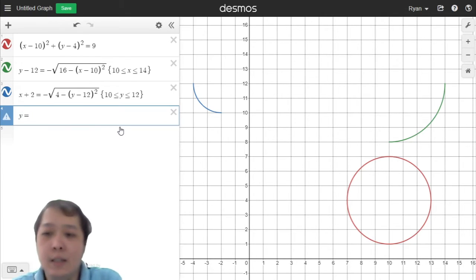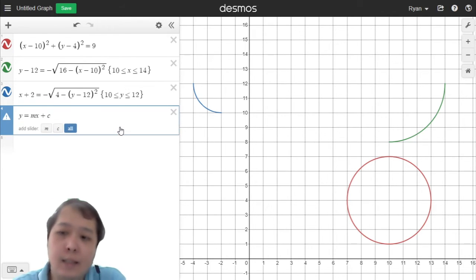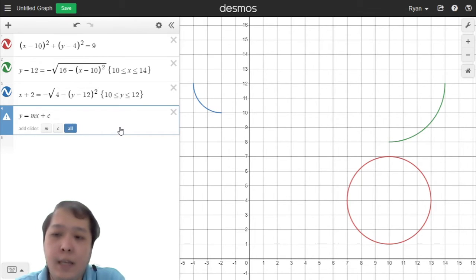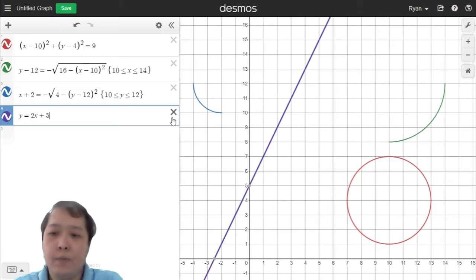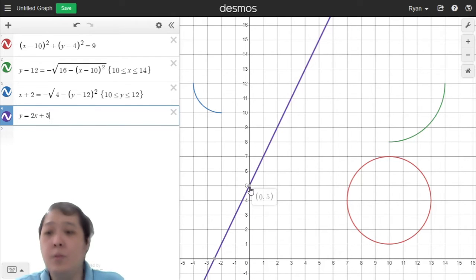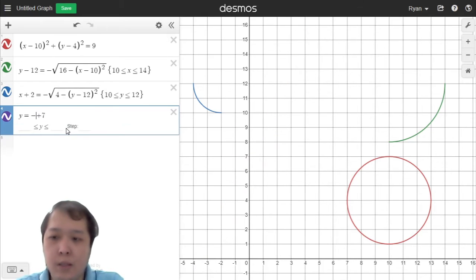The standard form will look like this: y = mx + c, where m is the gradient, the coefficient of x, or the slope of the straight line, and c is the constant, which is the y-intercept. For example, y = 2x + 5, so the gradient is 2 and it will pass through (0, 5). That's it.